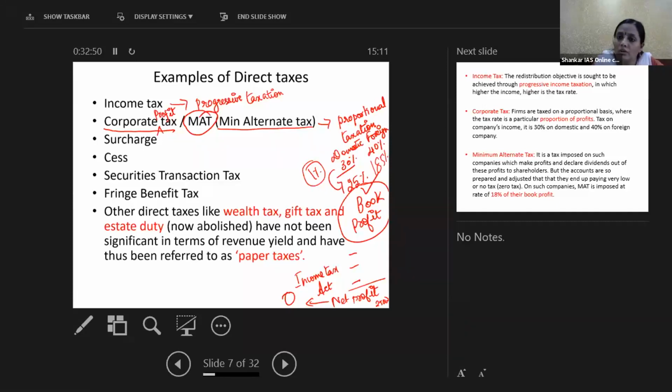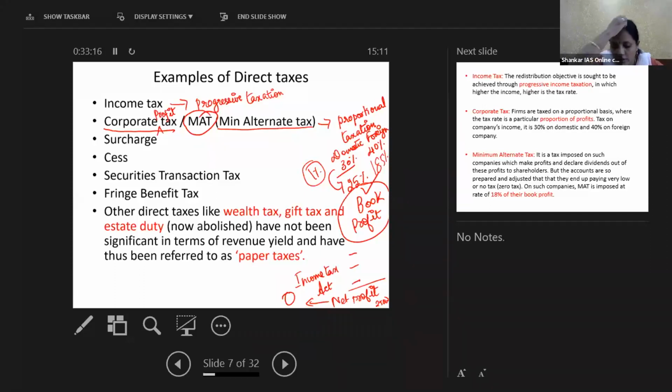I understand that you have earned only zero profits. But even if you show that you have earned only zero in the net profit, I will come back to your book profit, and from the book profit, you give me 18.5% as the profit taxation. So this is a calculation which goes for the minimum alternate tax.